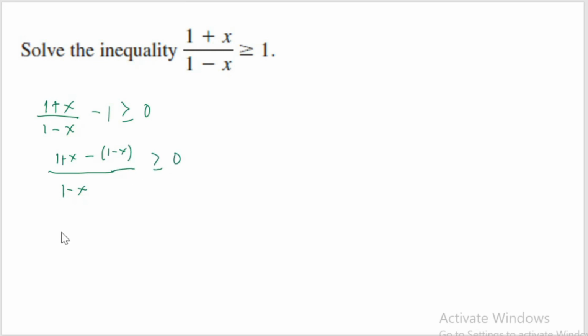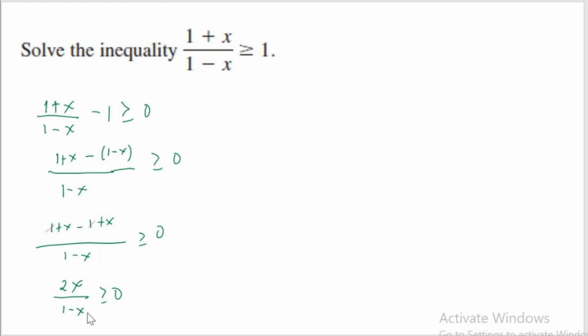Simplifying the numerator, we can write 1 plus x minus 1 plus x all over 1 minus x, greater than or equal to 0. Simplifying further, we cancel the 1, and the remaining term is 2x over 1 minus x, greater than or equal to 0.